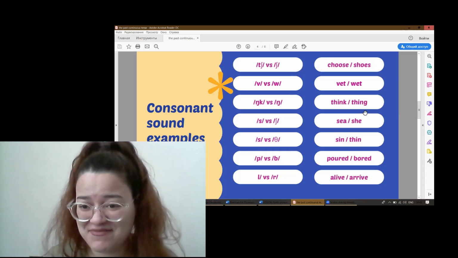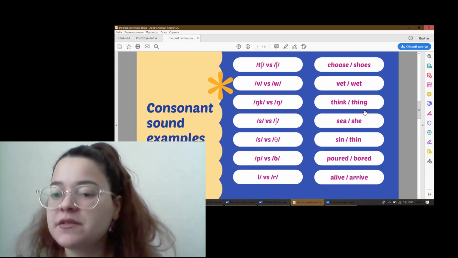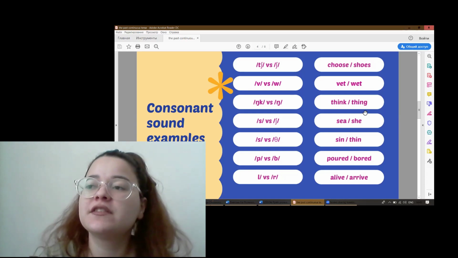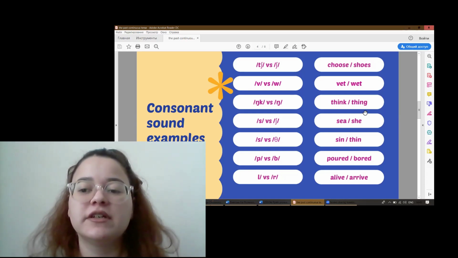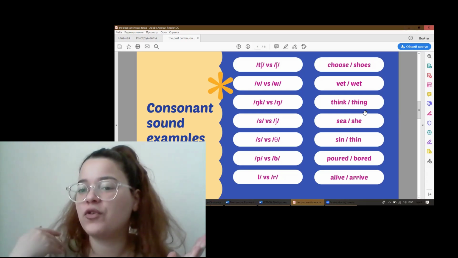Actually, it's the same, guys. But when you take sentences using these consonant sound examples with the words, you can know the meaning.